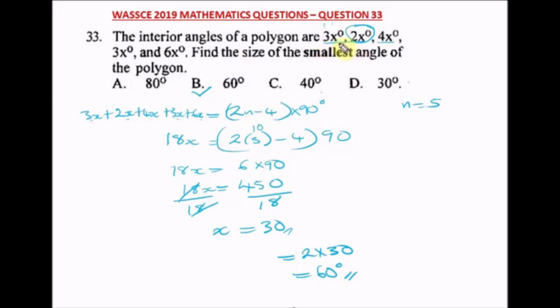But from here you were given the interior angles, but not completely what the interior angles are. You were given a value plus an unknown value x, so we have to look for x to get the smallest angle of the polygon. So our right option here is option B. You need to be aware of how the exam body WAEC can twist their questions around polygons.